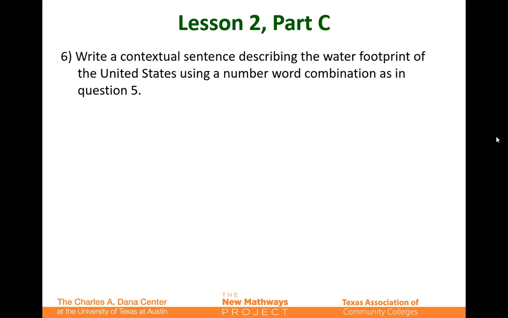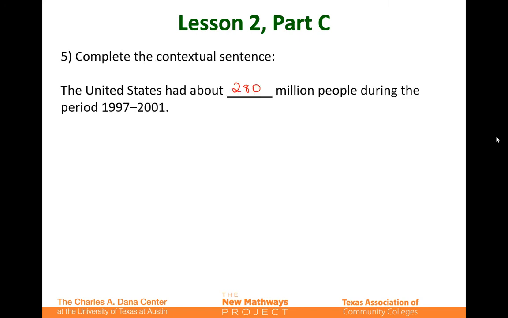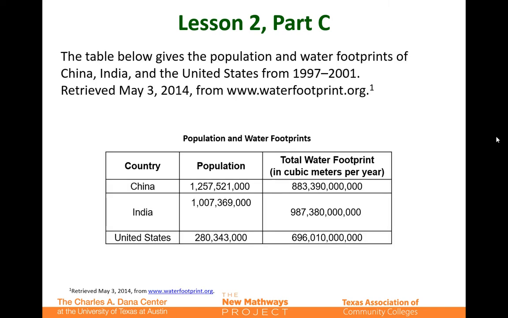Let's go back and look at question 5. Well, how much water did we use? We used about 696. Now let's look at that. That's 1, 2, 3, 4, 5, 6, 7, 8, 9. That's billion cubic meters per year. So let's see if we can write that sentence.